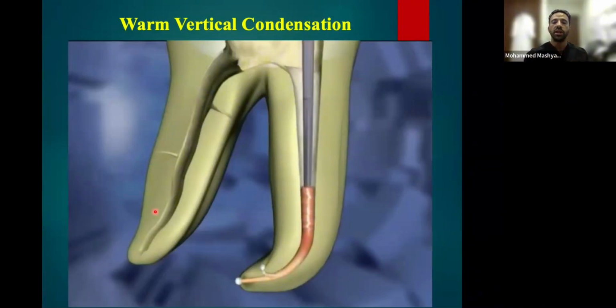So you can condense it and it will fill the space. If the space is round, if the space is oval, if it's like a tear shape, if there are isthmuses, this is the benefit of condensing the gutta-percha when it's soft. Okay? So this is the technique, warm vertical condensation.